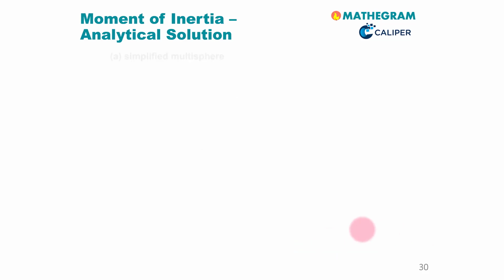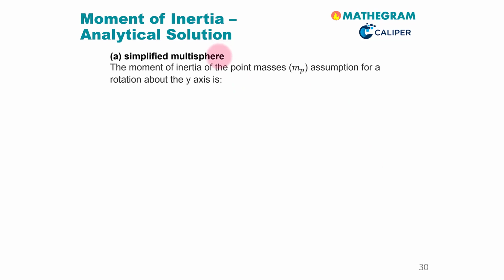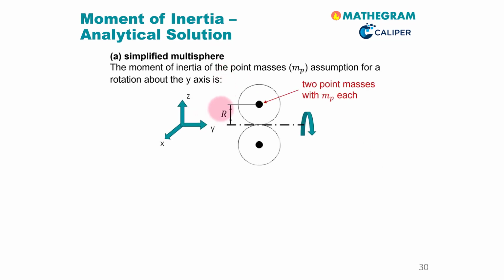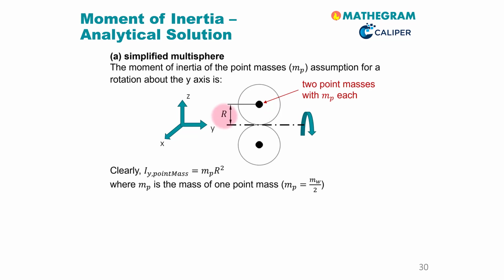Let us now move on to the next case, the simplified multisphere case. The moment of inertia of point masses can be easily calculated based on their position relative to the axis. For this case here, we see that each of our point masses has a mass of mw divided by 2. It's half of the total mass of the particle.